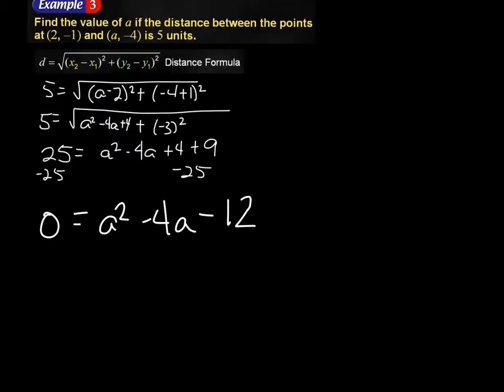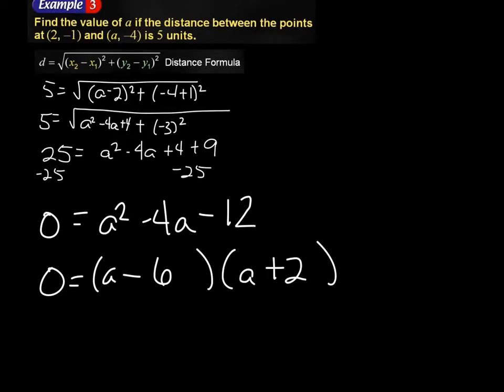So I'm looking for factors of negative 12 that give me a sum of negative 4. So if I do minus 6 and plus 2, I get negative 6 times 2 is negative 12, and negative 6 plus 2 is negative 4. Perfect. So my two solutions are a equals 6 or a equals negative 2.